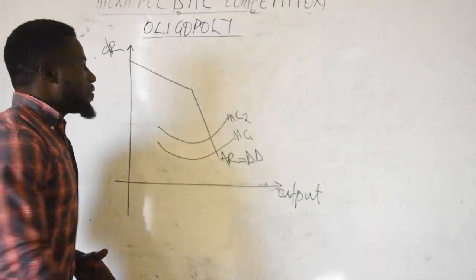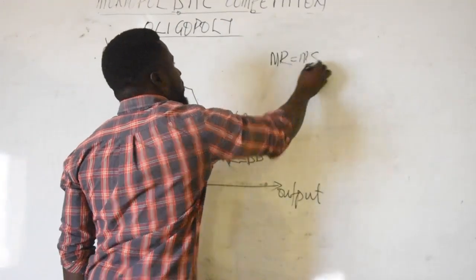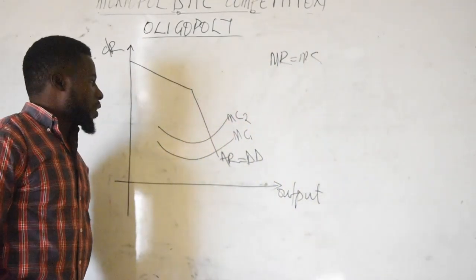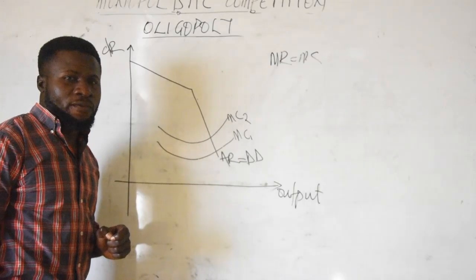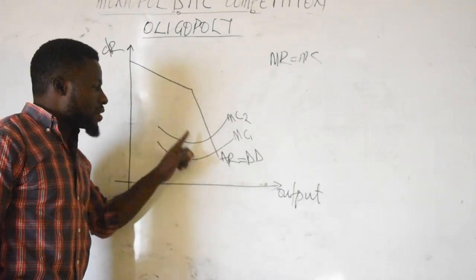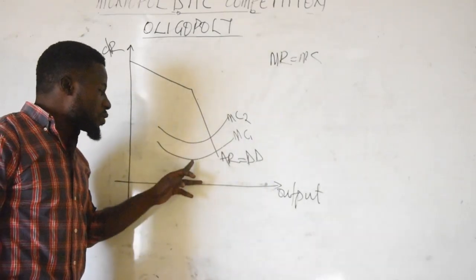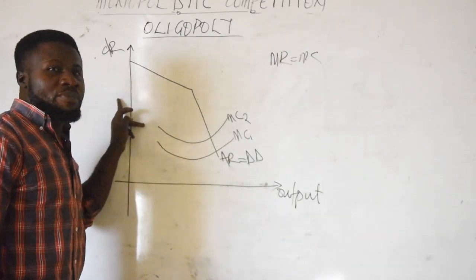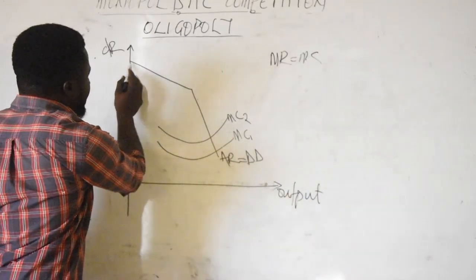And we know that the profit maximizing output of every firm is that output where marginal revenue is equal to marginal cost. So what do we do? We are going to bring in our marginal revenue curve. And at all of these marginal cost curves, marginal revenue is going to be equal to them for us to be able to determine our output and the price at which this good will be sold. So this is our marginal revenue curve.